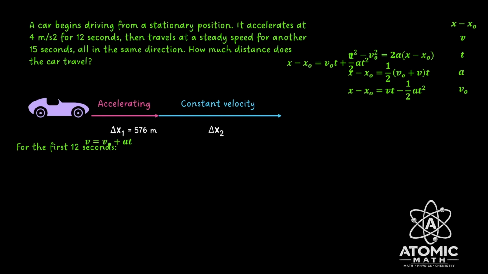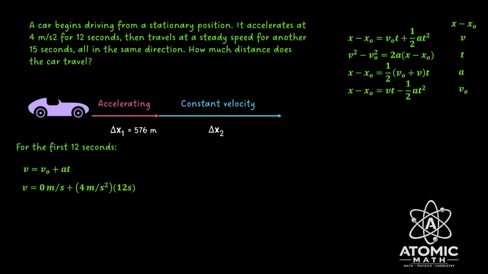Before we can work on the constant velocity section, we need to determine how fast we were going when we finished our acceleration, so we know what this constant velocity will be. So we can use this equation now because we know our initial velocity was 0, we know our acceleration, and we know our time.